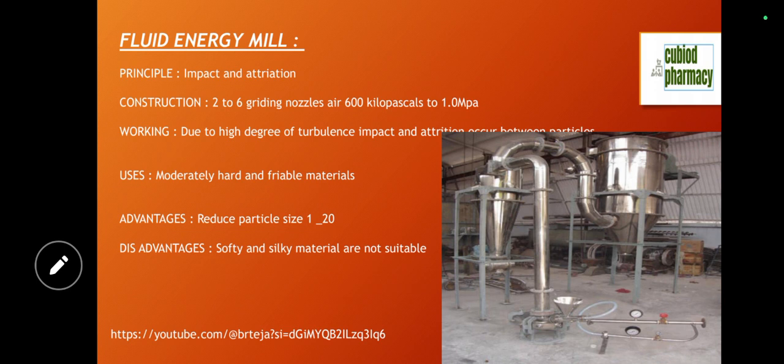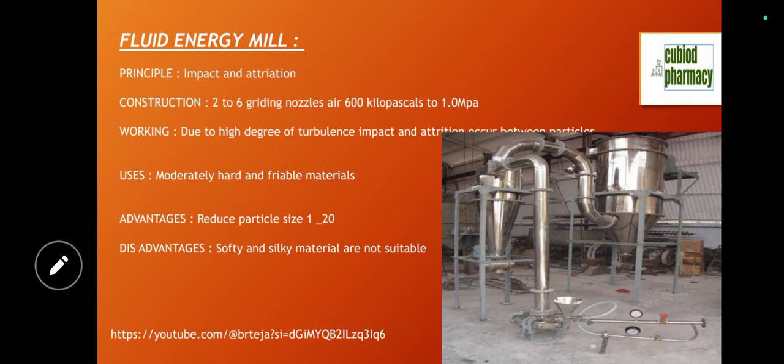Working: due to a high degree of turbulence, impact and attrition occur between particles.